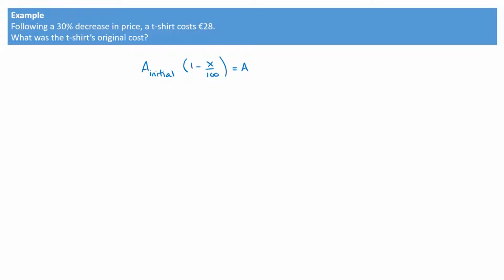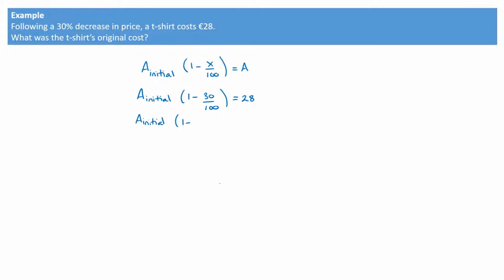X is the percentage by which it was decreased, so in this case, it's 30. And A is the cost of the t-shirt today, so that's 28 euros. Replacing all the values, we find A initial times 1 minus 30 over 100 equals 28.